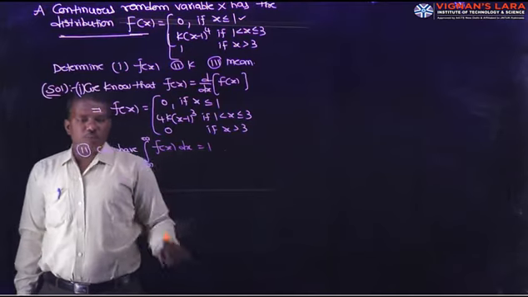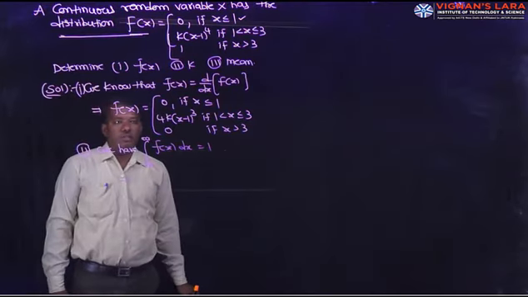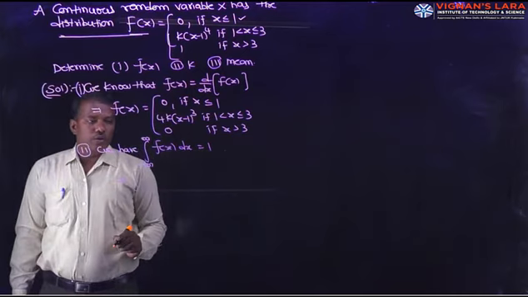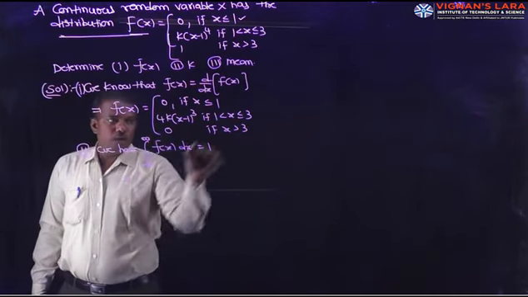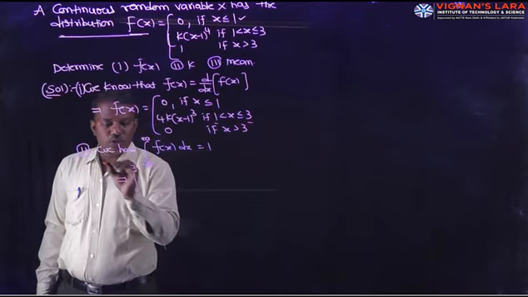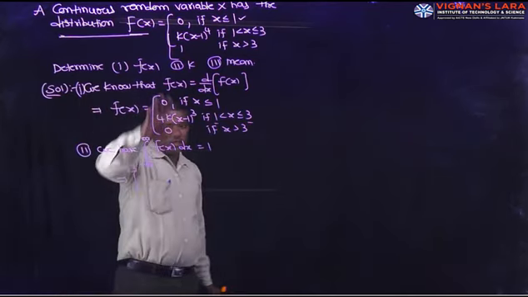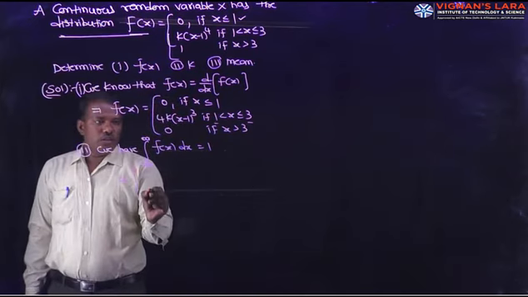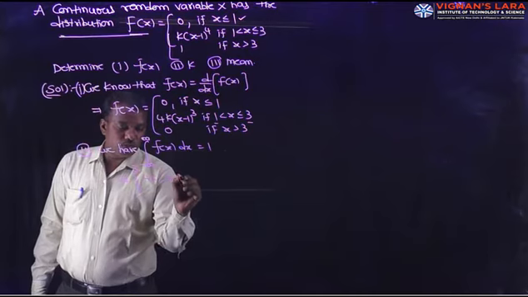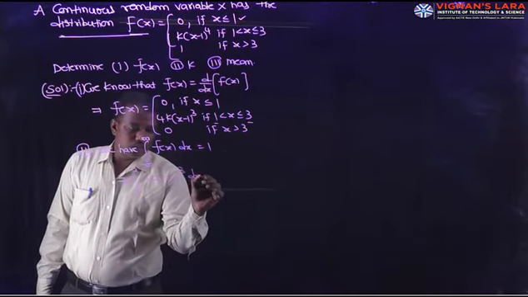Minus infinity represents the lower limit, plus infinity represents the upper limit. Here the lower limit is 1, the upper limit is 3. In the remaining cases it is 0. What is f of x? 4k into x minus 1 whole cube dx is equal to 1.